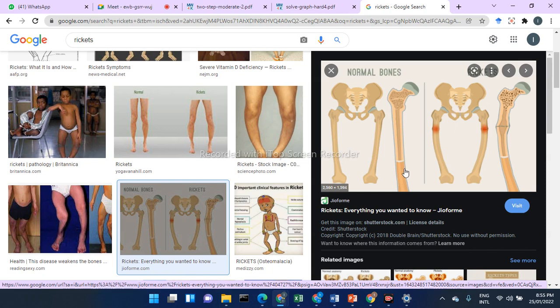The normal bone, of course, is strong and could take pressure. But this one here, we have a little break in here, because it's not able to sustain the pressure. It's brittle. It's weaker, and so we have a broken part of it here.